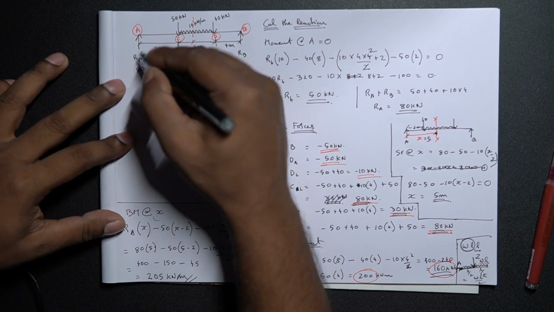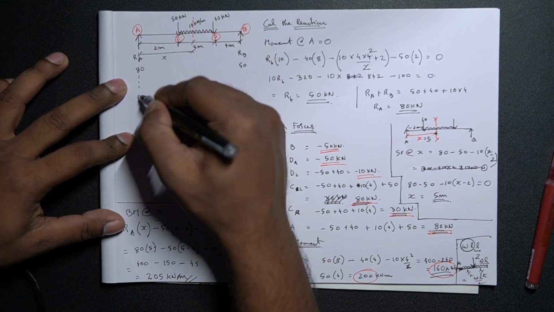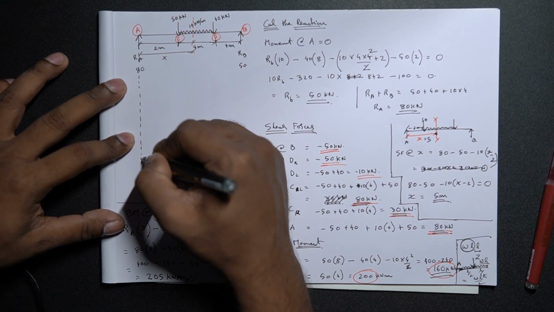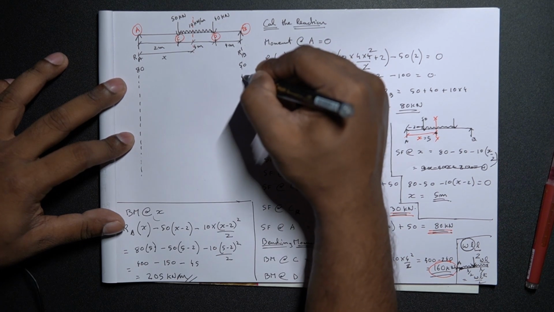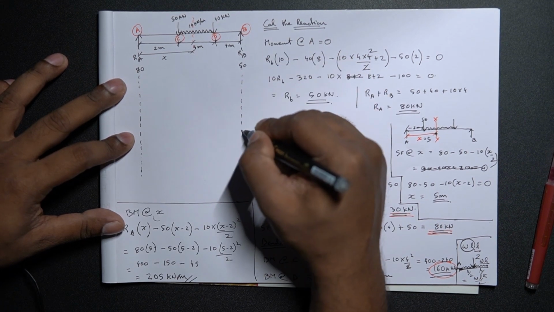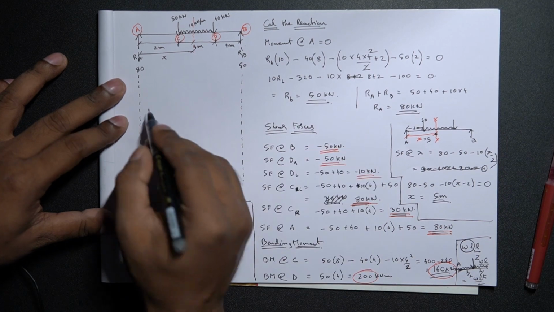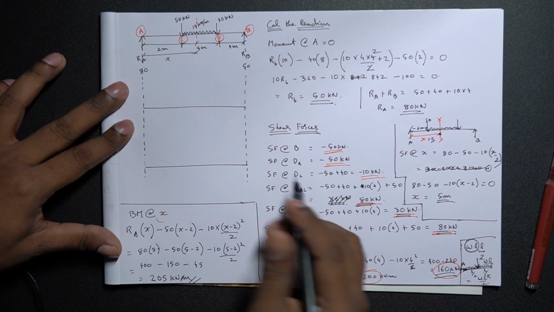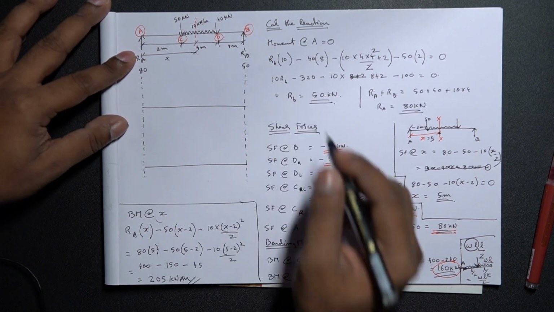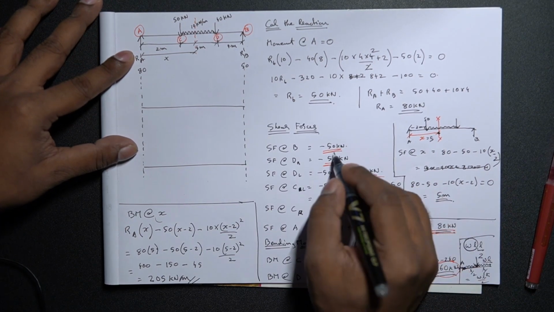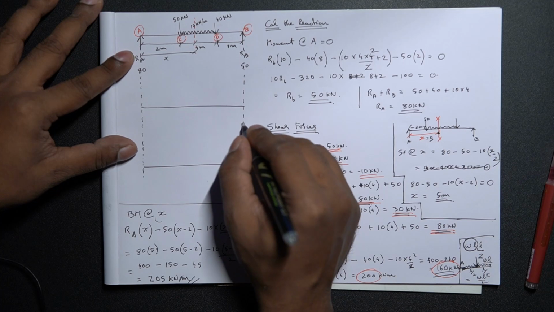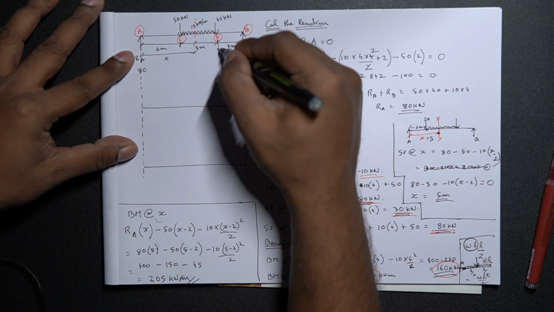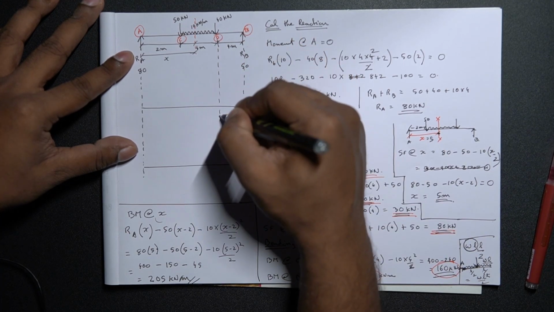So if you are to draw the SFD and BMD, we have the axis of shear force and the axis of bending moment. Let's quickly plot the shear force axis. We have minus 50, and I'll extrapolate the remaining lines.